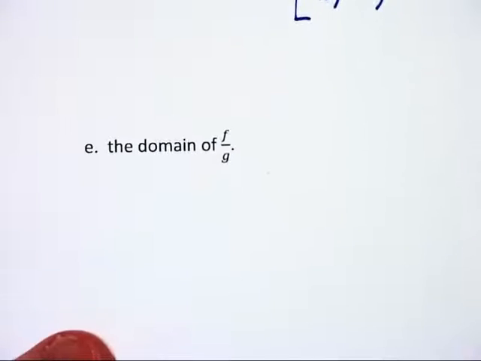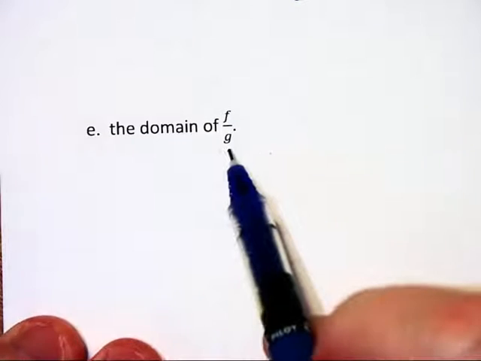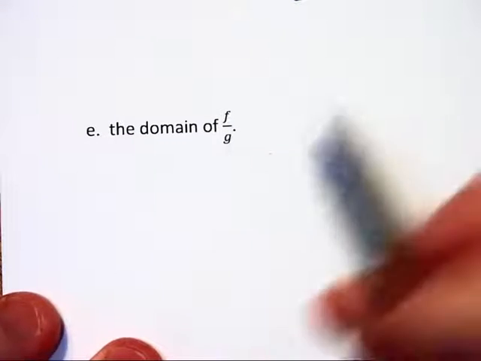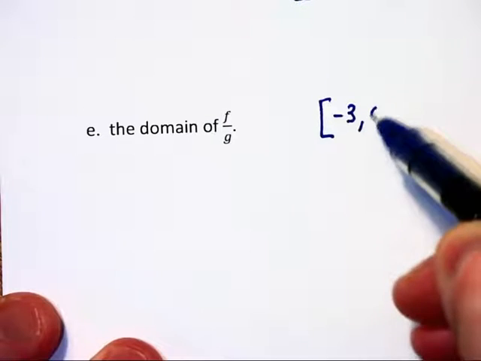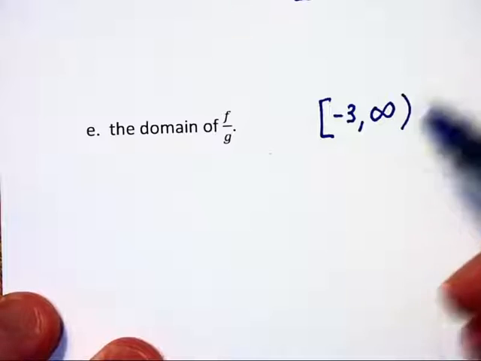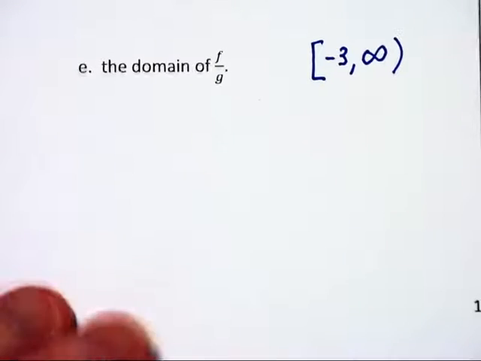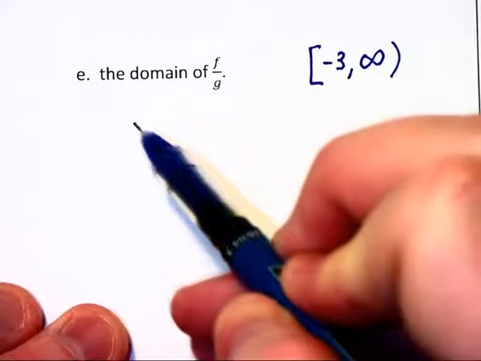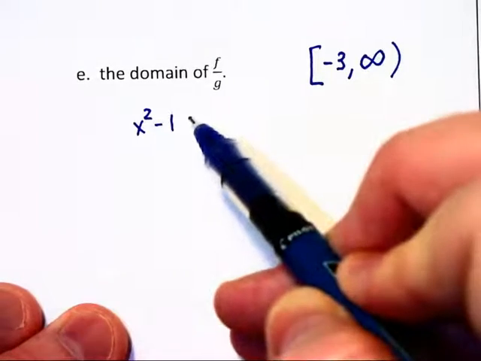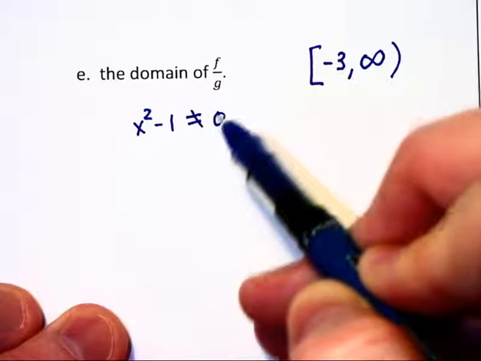However, when I look at the domain of f divided by g, I begin with the domain that we found up above in part D, and then we have to also make sure that we're not dividing by 0. So I've got to take a look at g of x, and that's x squared minus 1, and we need to make sure that that's not equal to 0.